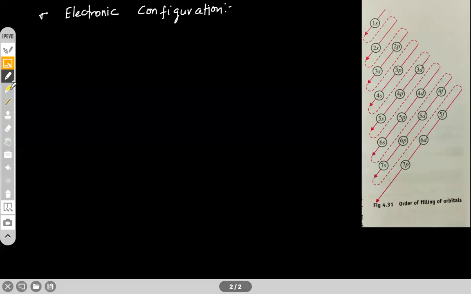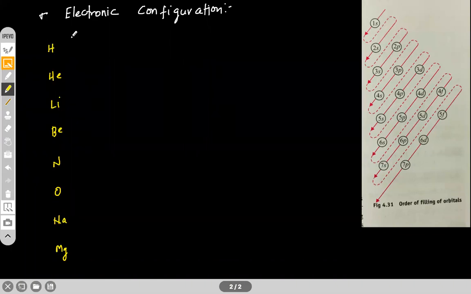Electronic configuration. Suppose we need to write down the electronic configuration of simplest atom I'm taking, hydrogen, then helium, then lithium, beryllium, nitrogen, oxygen, sodium, and magnesium.